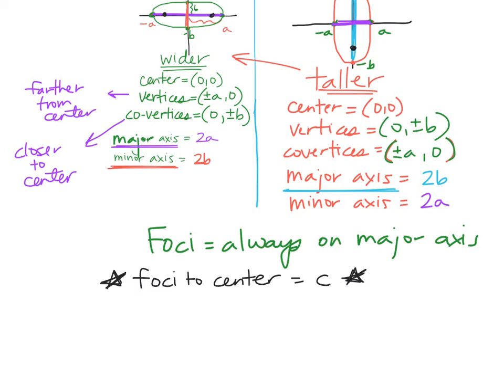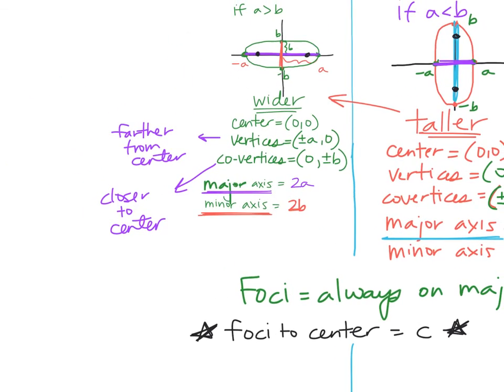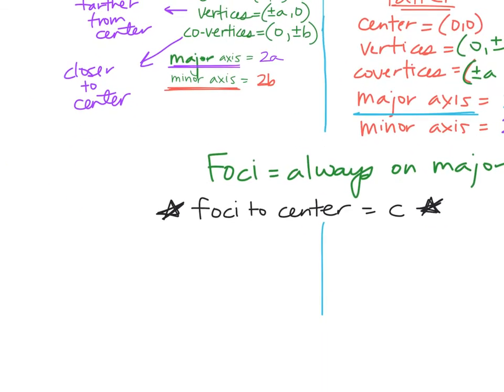Now, the way that we figure out what that c is involves our a and our b, and we have a whole lot of a and b going on up top, right? The setup is this. When we are working with this guy on the left, in this scenario, c squared equals a squared minus b squared. Looks a lot like the Pythagorean theorem, right?